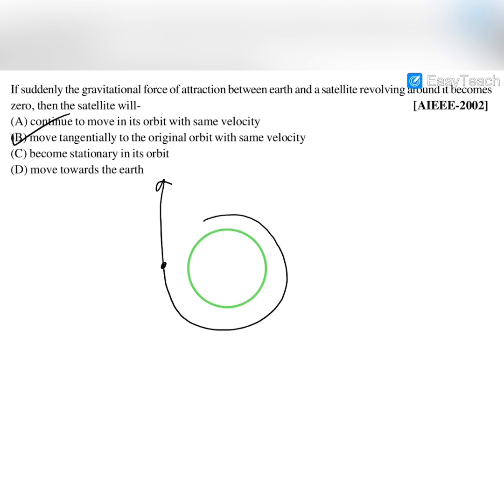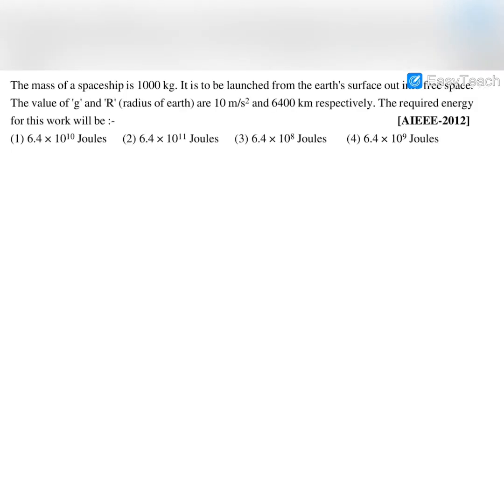Okay, now we move on to the next question. In this question, you can see that a spaceship has a mass of 1000 kg, and it is to be launched from the Earth's surface out into free space.